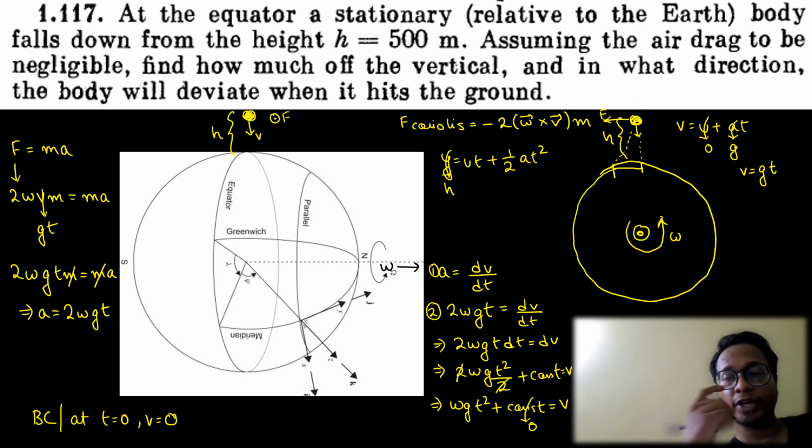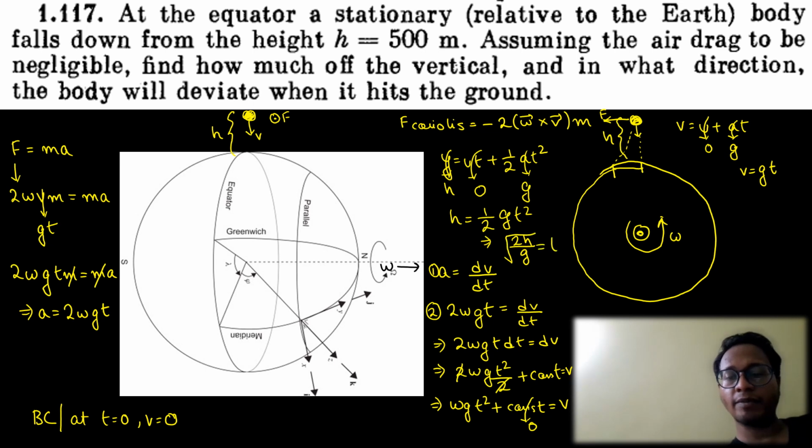In the vertical component, acceleration is constant. u is nothing but 0, a is nothing but g. So h is equal to half gt square, or t is equal to the square root of 2h by g.